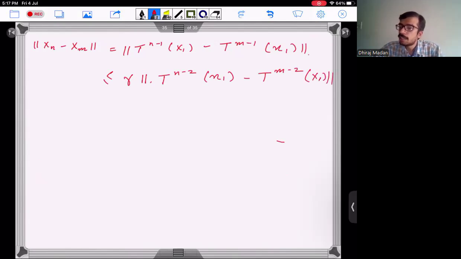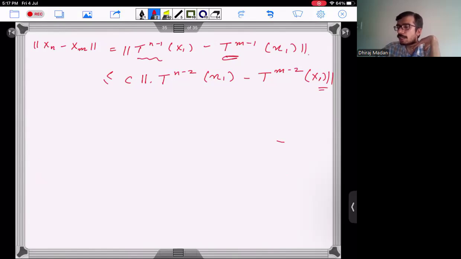Because essentially, what is T acting n minus 1 times? This is T acting n minus 2 times on x. Right? So I just open this up, and then I use the property of contraction mapping. Okay, this is not gamma, this is c. Right? Because in general we are using the variable c. Gamma, that specific discount factor, came just for Markov decision processes.